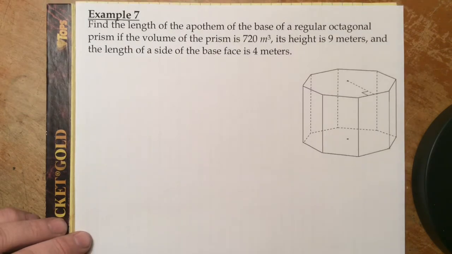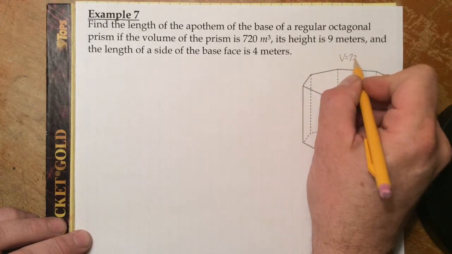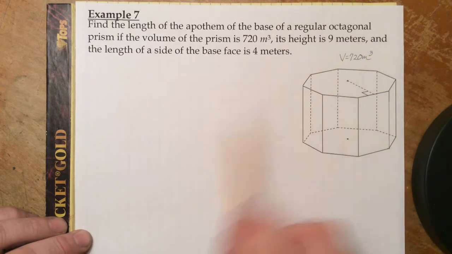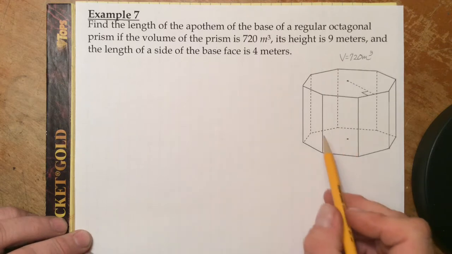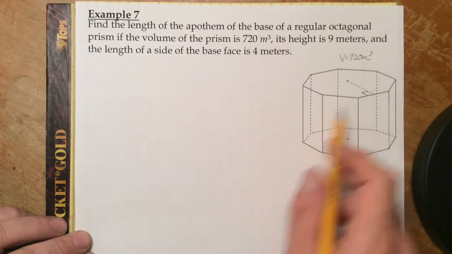Example 7. Find the length of the apothem of the base of a regular octagonal prism if the volume of the prism is 720 cubic feet. And they said it's a regular octagonal prism. Notice the octagon at the bottom here, one of the bases, and then one at the top.